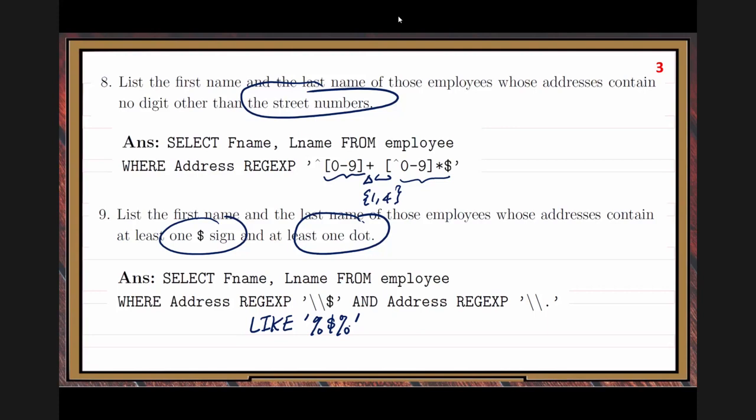You don't need that. Dollar is a normal character. % is a special character. Dollar is a normal one. Similarly, here, % dot. Dot is also a normal character, so you don't need a backslash.